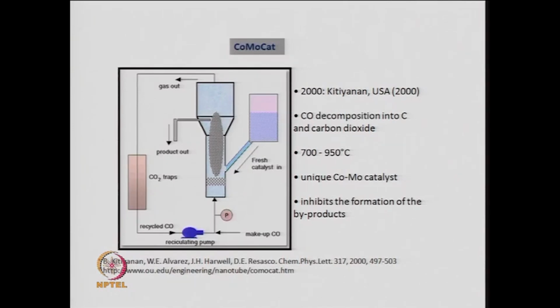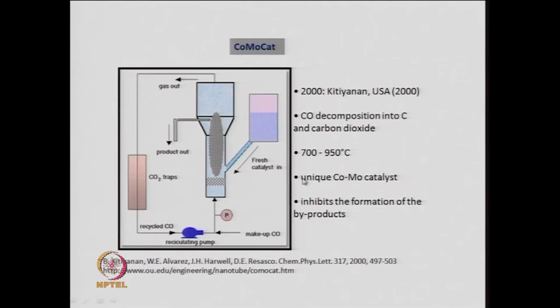In the presence of the catalyst, the carbon monoxide decomposes into carbon and carbon dioxide. The carbon dioxide is taken out, and the carbon which forms deposits as carbon nanotubes. This is done at a temperature of around 700 to 950 degree centigrade.